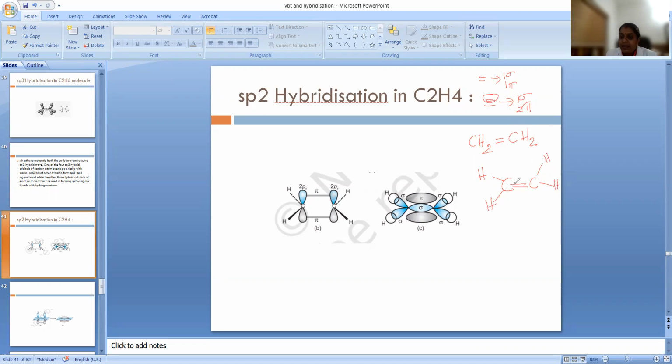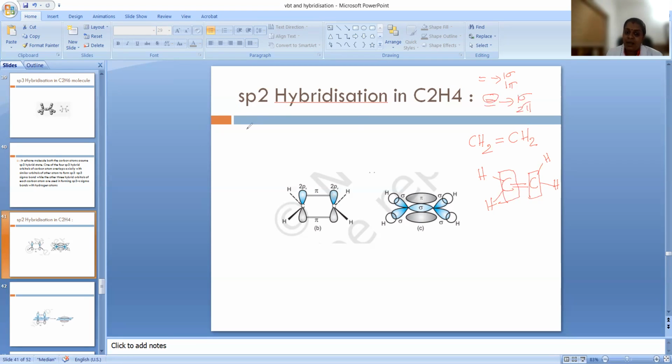Okay, so now, just like sp3 hybridization, how we did it, the same thing I'm going to do here. These two carbon atoms have the same attachment. This one has attachment with two hydrogen atoms and a double bond with one carbon. The same thing for this carbon also. So when I explain one, you will understand the other one.